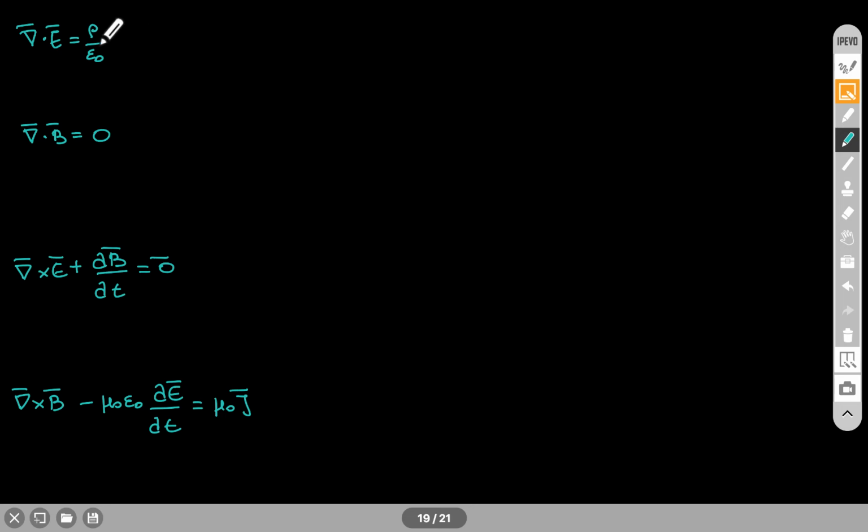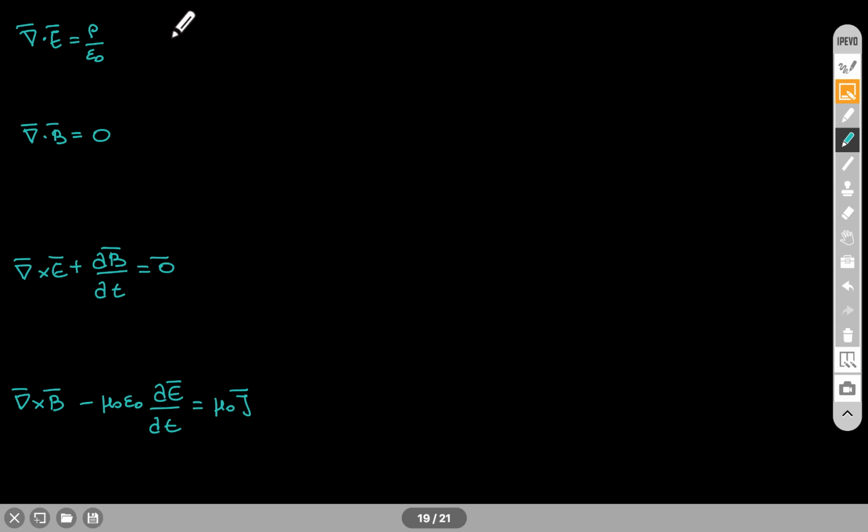Now, what can we find from this one? If the electric field is given, if you know it, you can find the divergence of it, and that will give you the charge density.